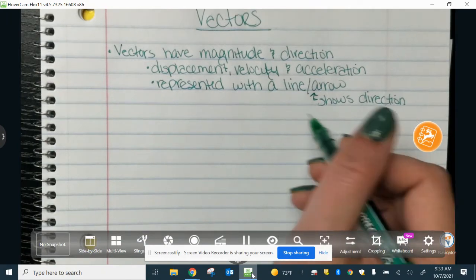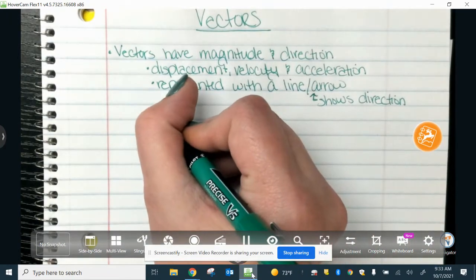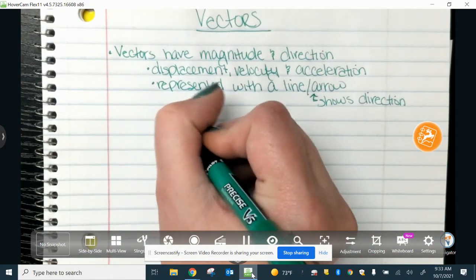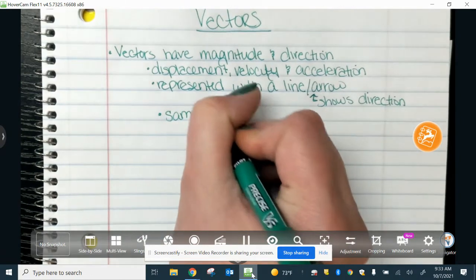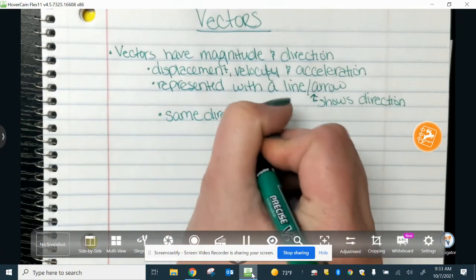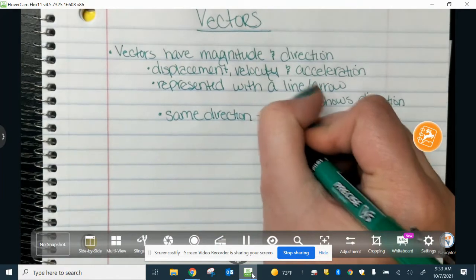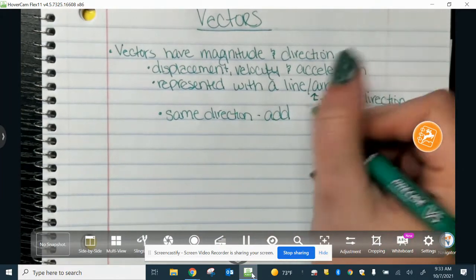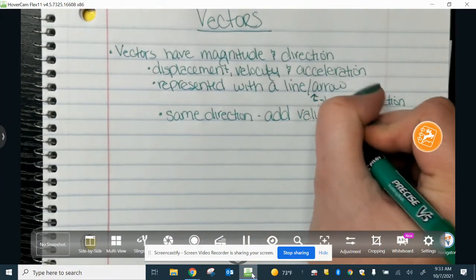All right, we reviewed this yesterday, but just in case, when you have them in the same direction, you add the values.